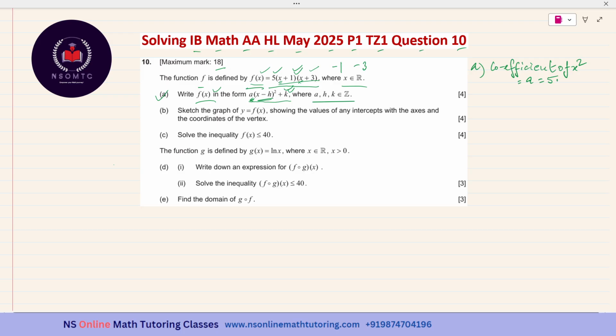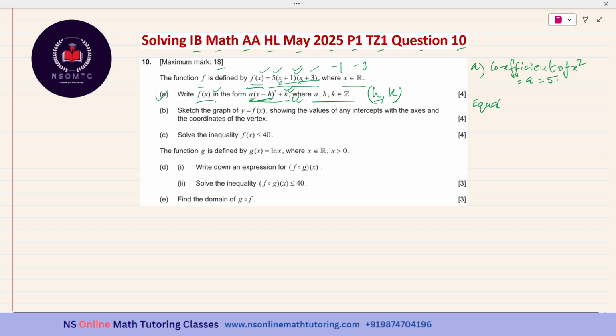And the line of symmetry will be passing through the middle of these two zeros, so it will be the average of this. I want to get the x coordinate of the vertex because the coordinates of the vertex will be h comma k. The x coordinate of the vertex will be h and then the y coordinate will be k.